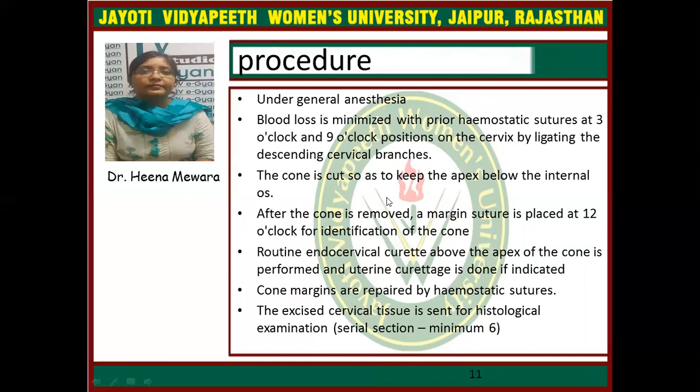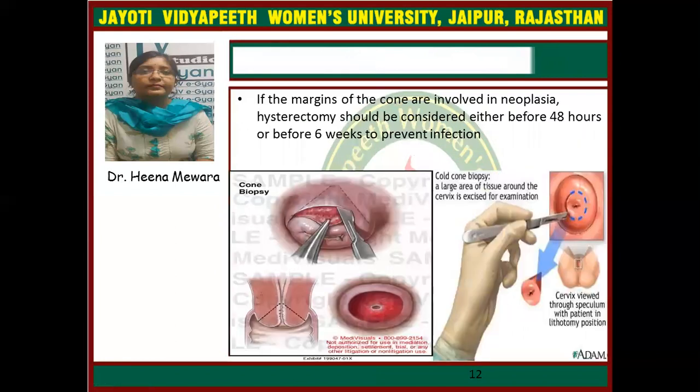Cone margins are repaired by hemostatic suture and the excised cervical tissue is sent for histological examination. If the margins of cone are involved in neoplasia, then hysterectomy should be considered either before 48 hours or after 6 weeks to prevent infection. This diagram shows how cone biopsy is taken.